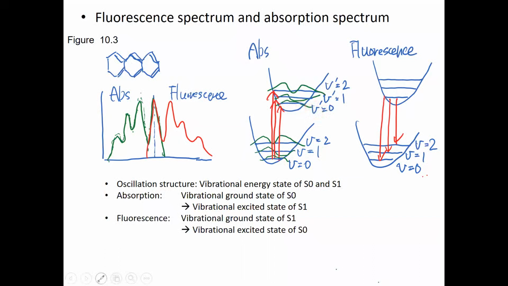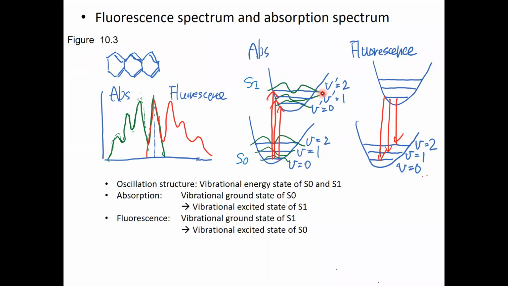This is one state, okay? So this is S0, this is S1. So it could go from V equals 0 to V dash equals 0. But also, depending on the molecular structure, it could go to V dash equals 1 or V dash equals 2, right? These correspond to the absorption spectrum oscillation, okay?